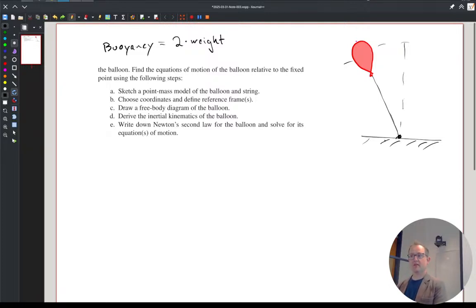Yeah, so there's 1 less degree of freedom, which is kind of nice. Usually we want fewer degrees of freedom. It's just easier to model it and create equations of motion. Have you ever watched someone carrying a balloon?